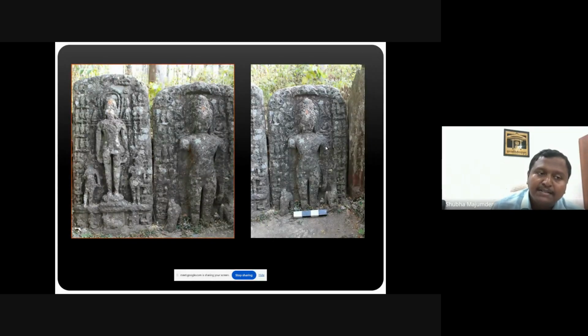You can see in the back slab the series of 24 Tirthankara depicted in three rows in these three images. And not only the Tirthankara, the eight planetary deities, or Graha images, also Ashtagraha images, are depicted.